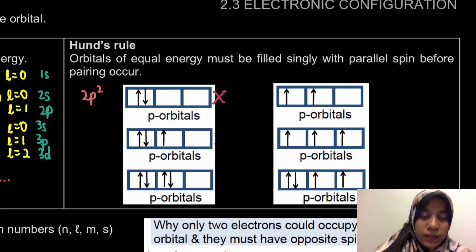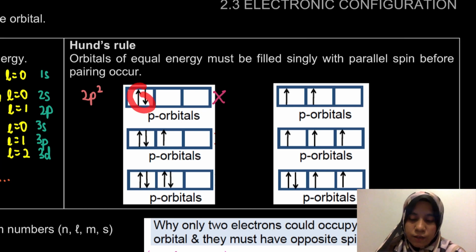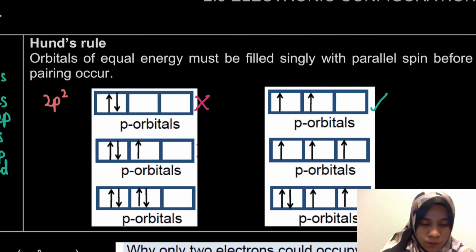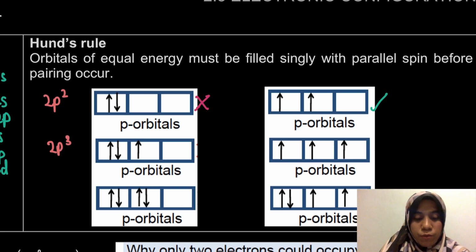Because dia dah tiba-tiba terus pair up, so salah. This one is the correct one, filled singly first. Okay, next, yang ini example dia, contohnya Miss bagi dia adalah 2p3. Yang ni pun salah sebab dia dah pair up dulu. Actually must be singly filled. So sini X, sini betul.